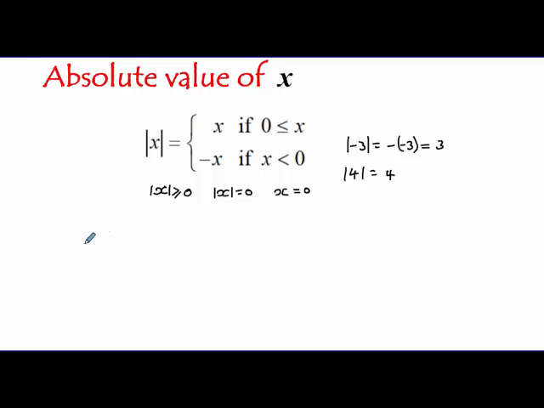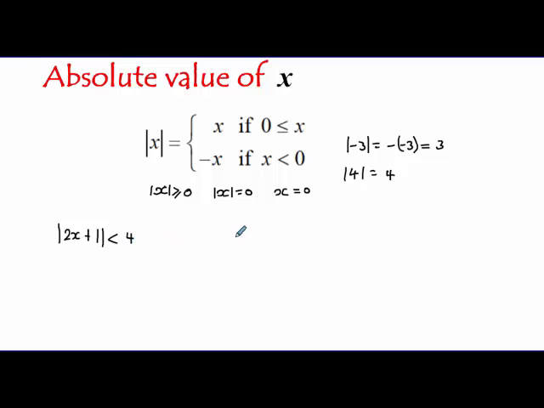And what is important, which I want to talk about now, is what do you do if you are given something like 2x plus 1 as an inequality, and you are told that this is less than, let's say, 4.